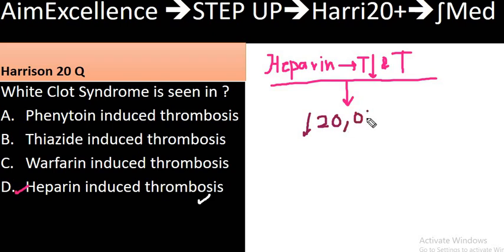Then only the bleeding and other features are going to emerge.